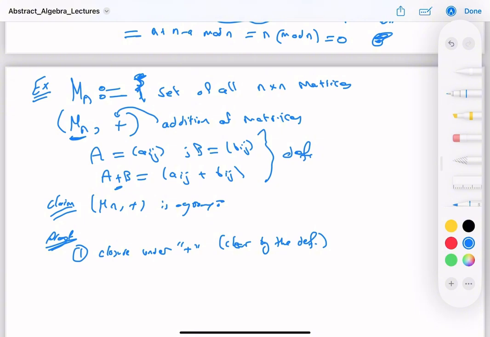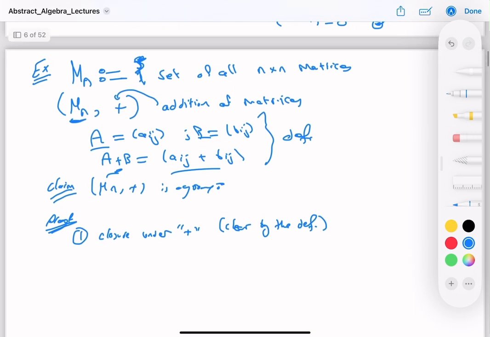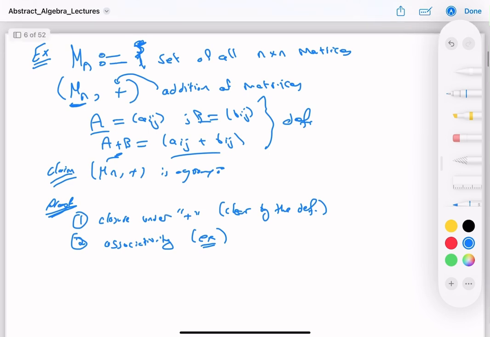If you take any two matrices and add them, you're still getting a matrix. Nothing changed. So closure is evident. Two, we want associativity. I'll leave it to you as an exercise, and this is something that you must have seen in linear algebra, that matrix addition is associative.